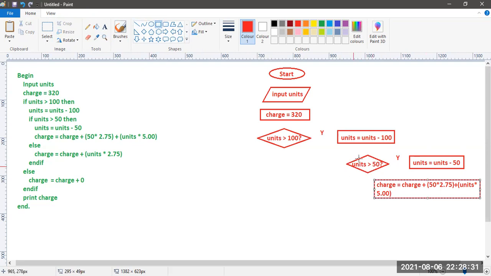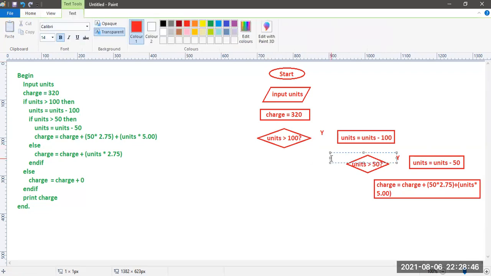Now, if this question, that is units greater than 50, was no, we come to the else part. That is the no part of this. It's going to say charge equals charge plus units into 2.75.